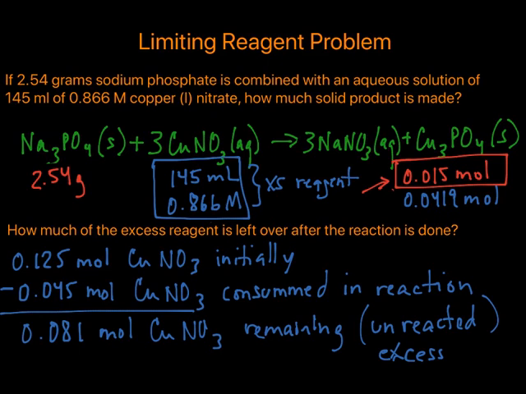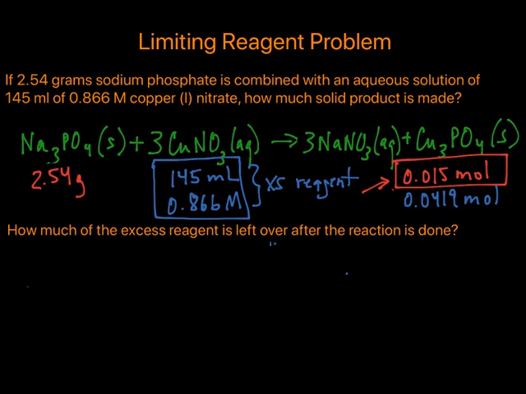Usually if the teacher asks the question how much of the excess reagent is left over, they want it in grams. So we have to turn this data into grams of copper nitrate. Let's do that now. We have 0.081 moles of copper nitrate that is unreacted or in excess.